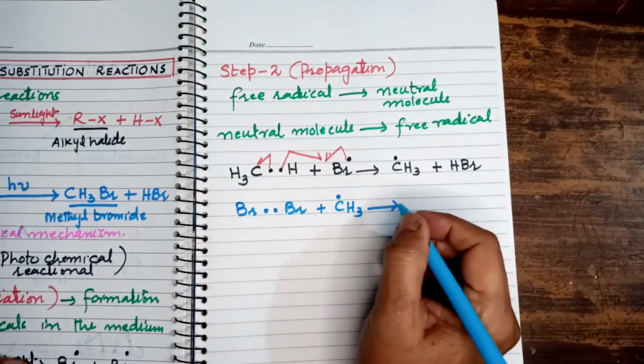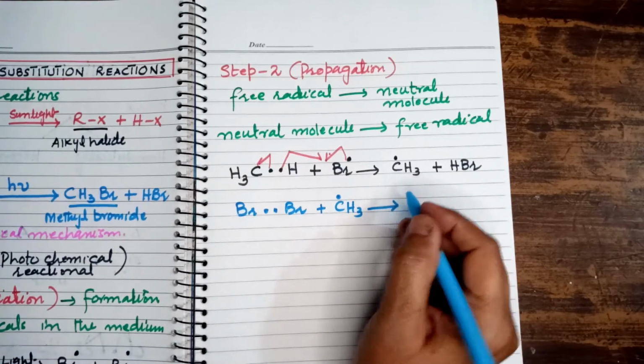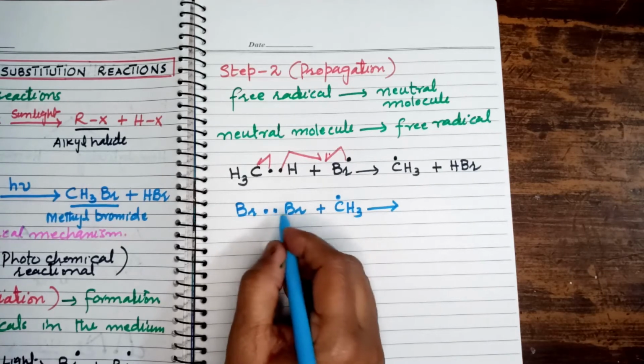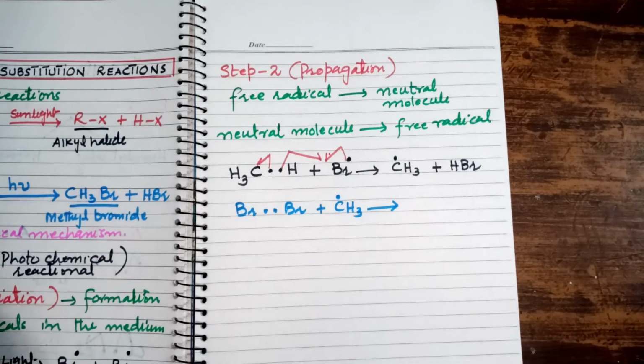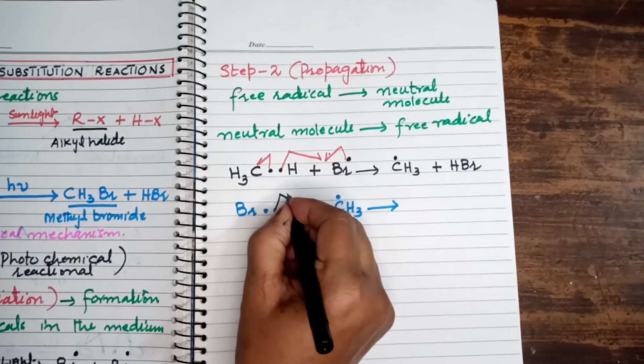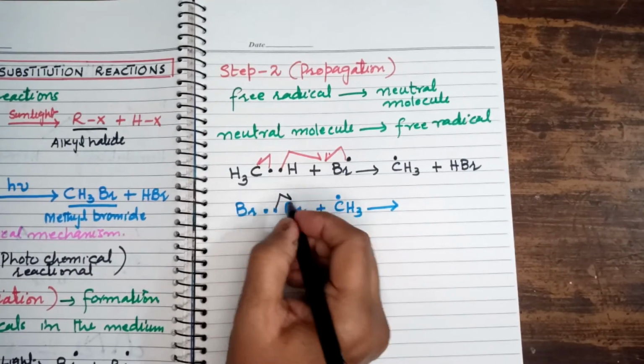The reaction proceeds in the presence of diffused sunlight. Now here homolytic cleavage of the covalent bond takes place. How is this bond homolytically cleaved? This single electron shifted onto this bromine, right?